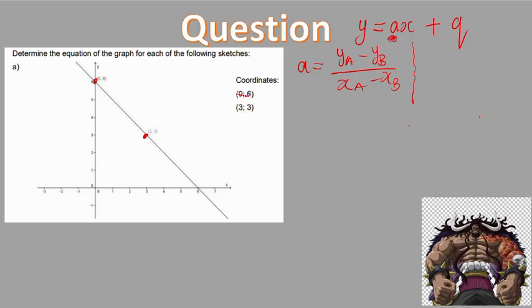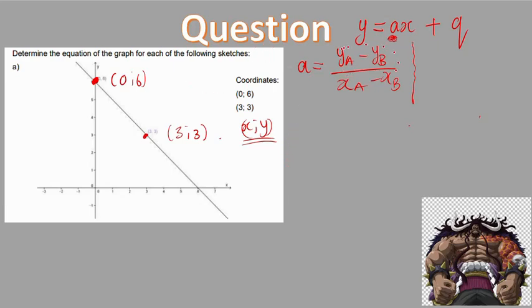So 0 and 6, where x is 0 and y is 6, that is here. In case you don't see it, that's 0 and 6 here. And then 3 and 3, it's this coordinate here. Remember how coordinates are. It's x and y. The first coordinate is always the x coordinate, and the second coordinate is always the y coordinate.